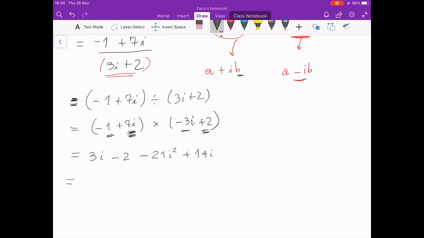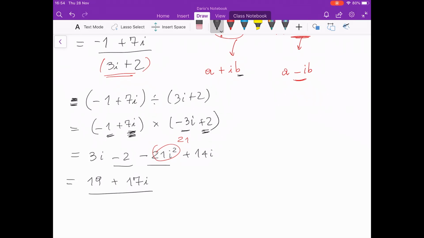Perfect. So this gives now minus 2 minus 21i squared, but that's equal to 21 because i squared is minus 1. And so we have 19, and then 14 plus 3 is 17i, and we have found our solution.